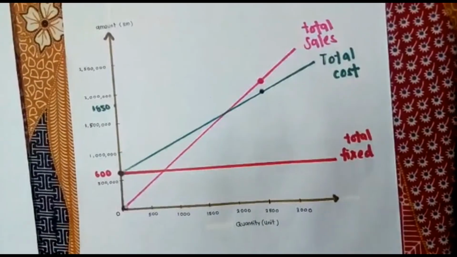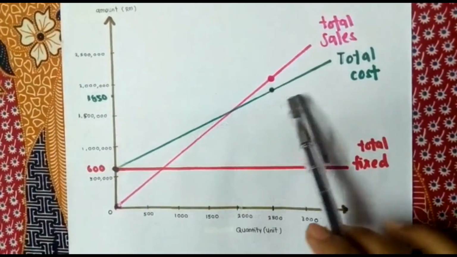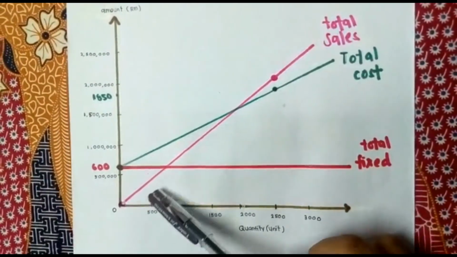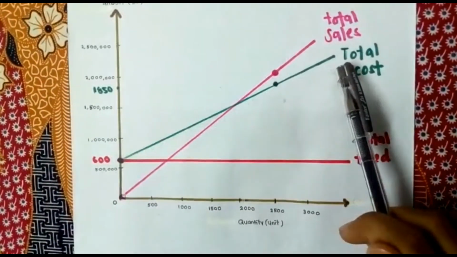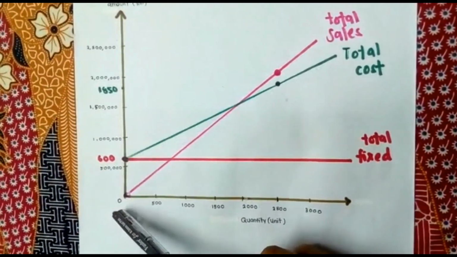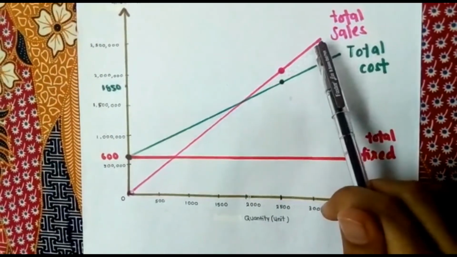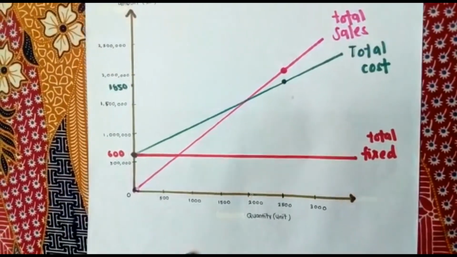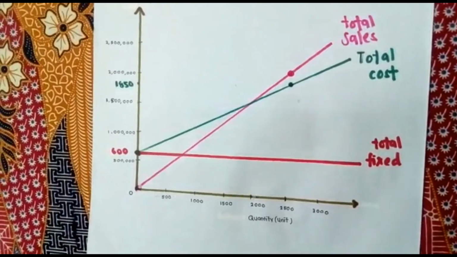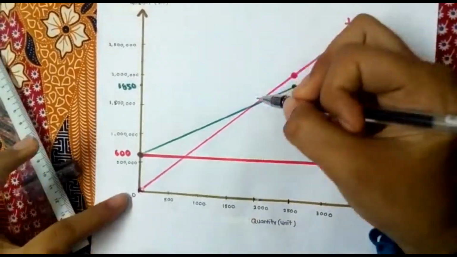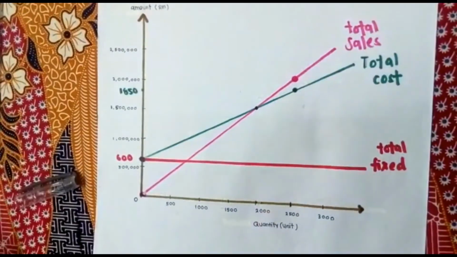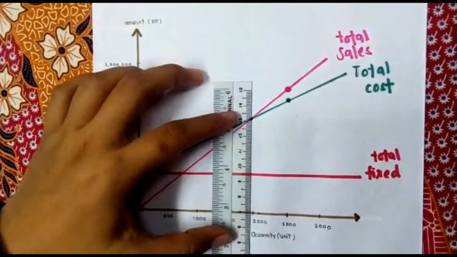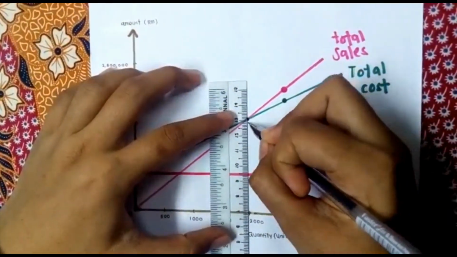Where is the break even? This is the total cost and this is the total sales. When the total cost line crosses the total sales line, they will give the break even. So the break even is here. So we draw the break even line.